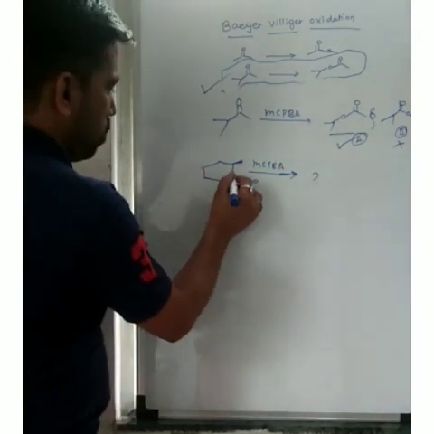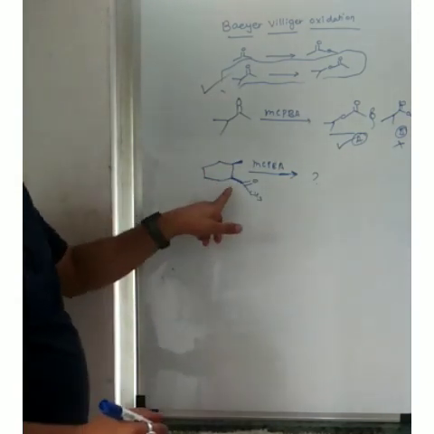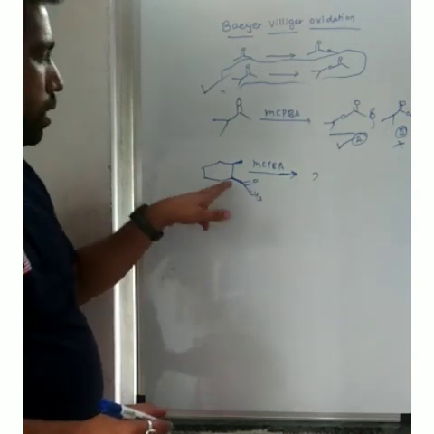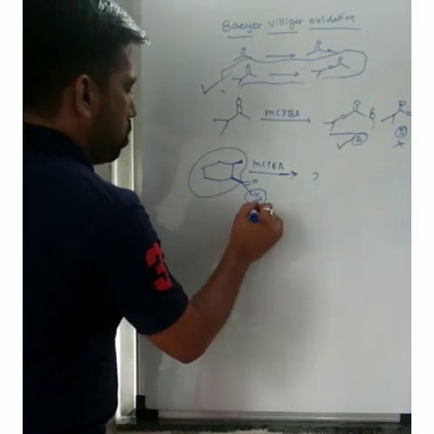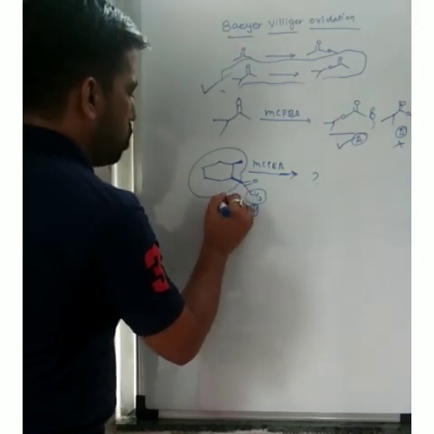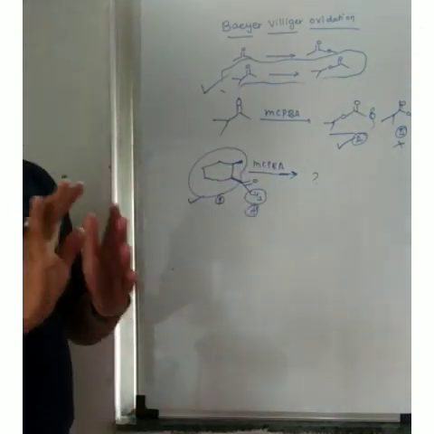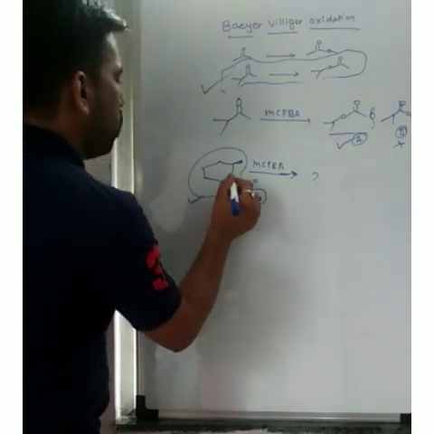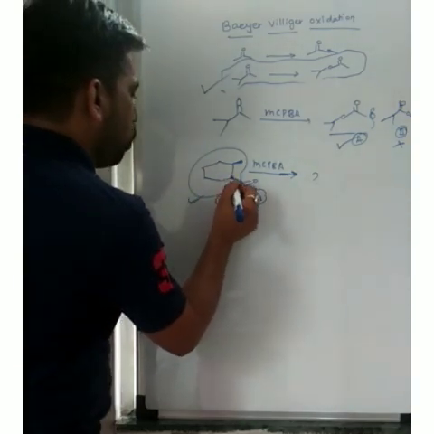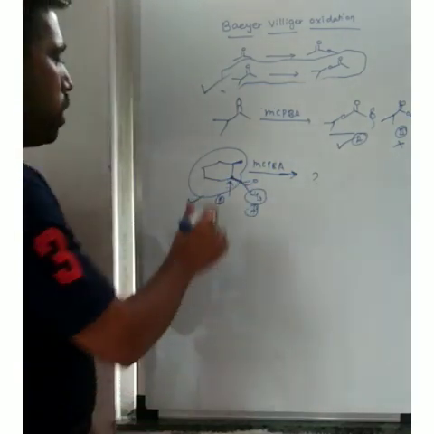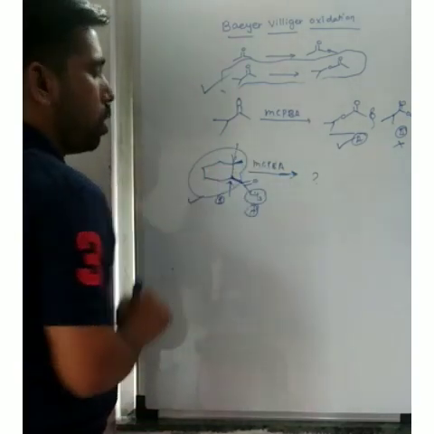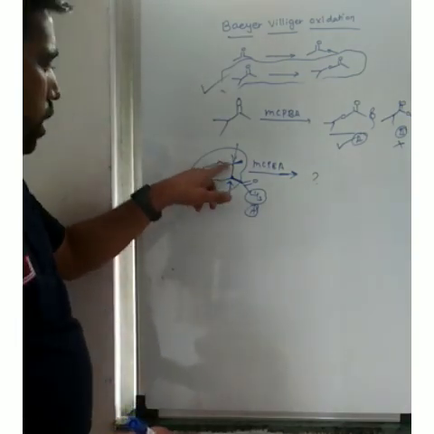This secondary alkyl group, or cyclohexyl group, is migrated. This is the A group, or this is the D group. B is migrated. There is no problem. But what about the stereochemistry of this migrating origin, or at this chiral center?